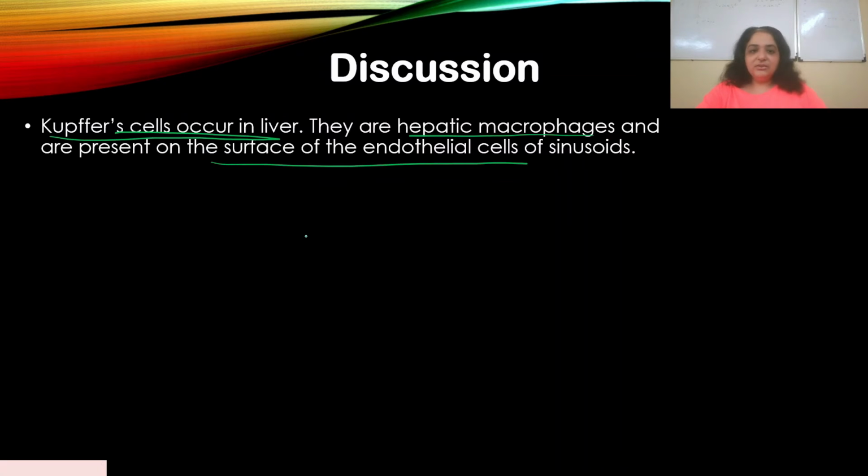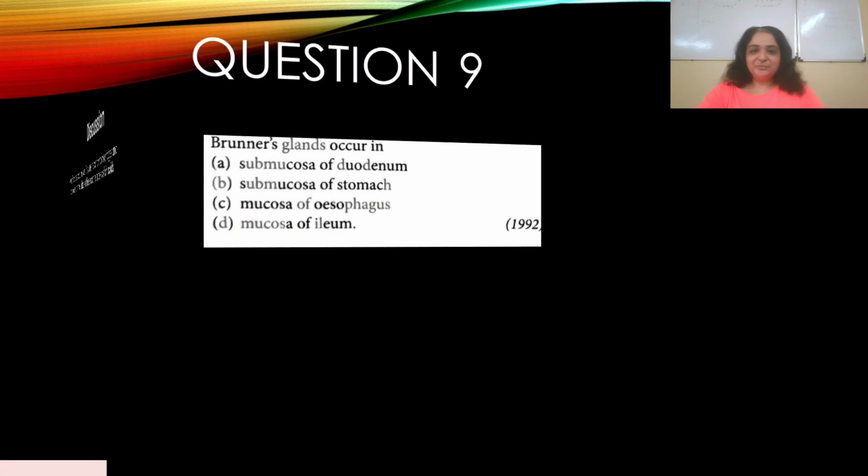So liver has sinusoids over here, and there are endothelial cells over here, so Kupffer cells are present over here. This is just anatomy of the liver. You have to remember this piece of information. There's nothing that we can help you with. So they are hepatic macrophages. Let's move on to the next question.